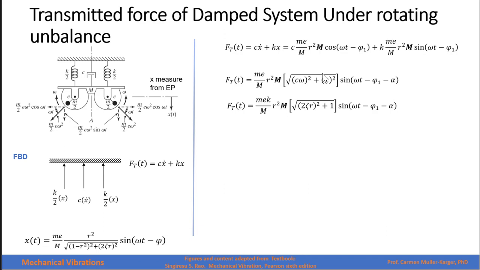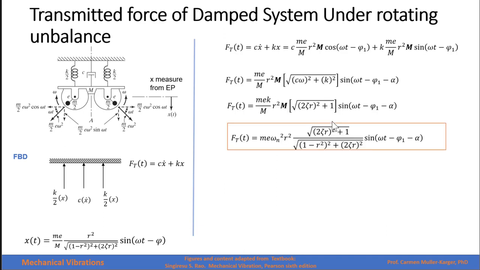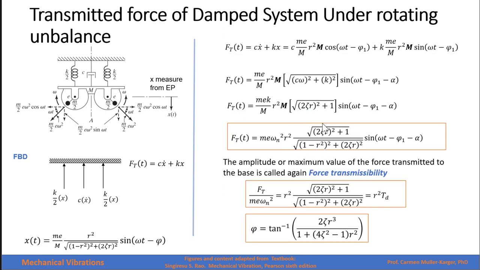This expression here in the square root can be written in terms of zeta and r if we take k out of our square root. Right here is the k, and then we have that k over m is the natural frequency of the system squared, times r squared. This here is the magnification factor, and we already analyzed that term and we called it the transmissibility factor.